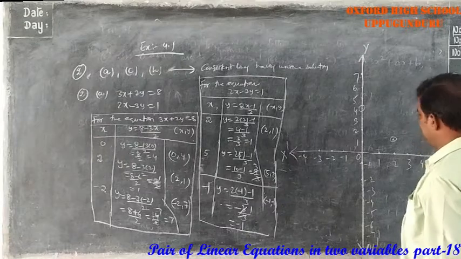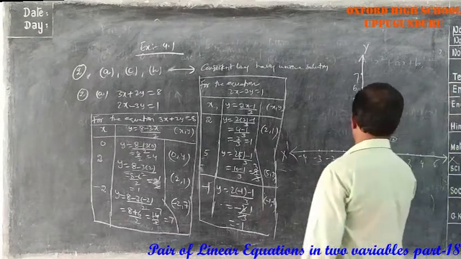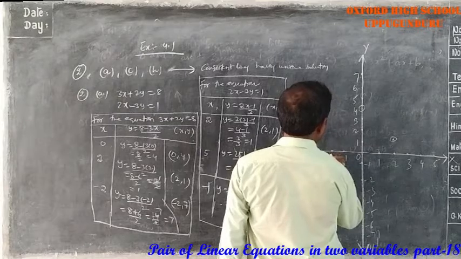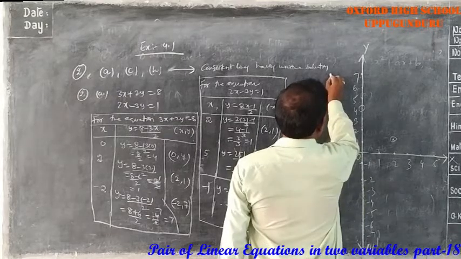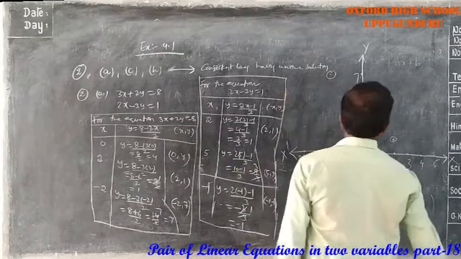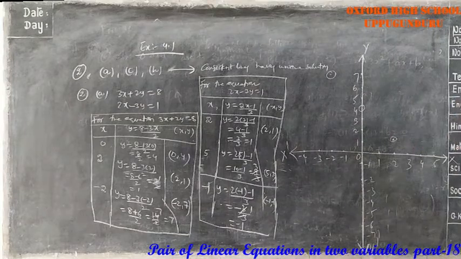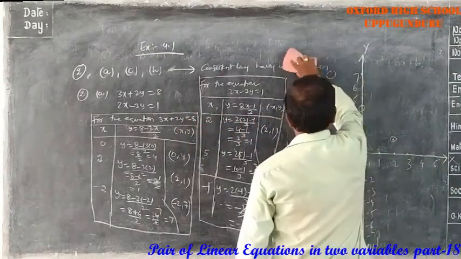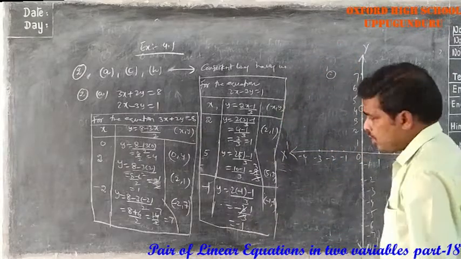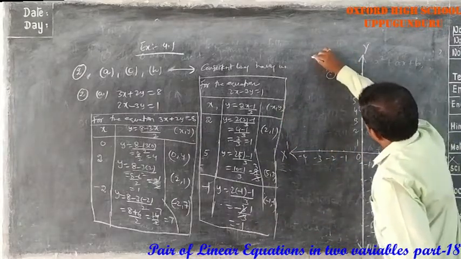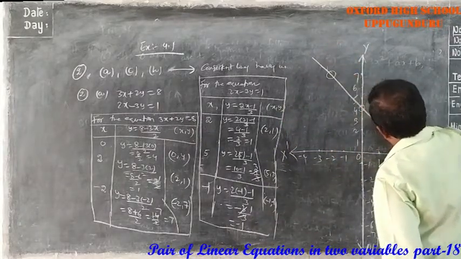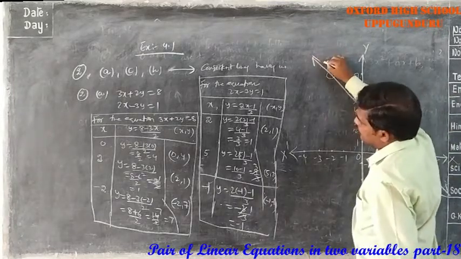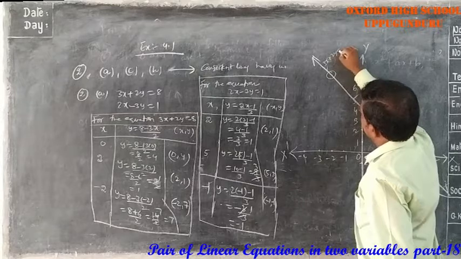Next, minus 2 comma 7: x value minus 2, y value 7. That means up to here. When you join all those points and extend that line, you will get the first equation. What is that equation? 3x plus 2y equal to 8.